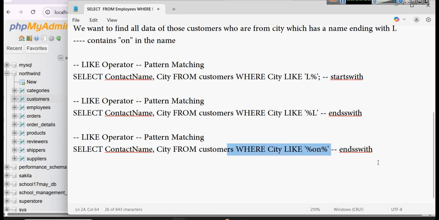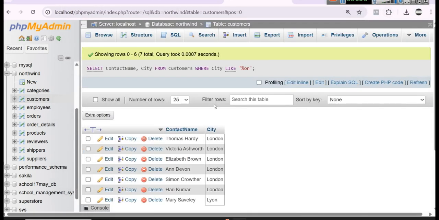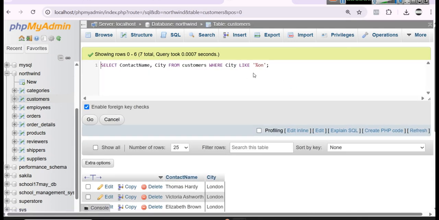And this is contains. In this case, it will look for the name where ON comes at any position, because as I said, this percentage can take the place of any character. So it can be empty also.